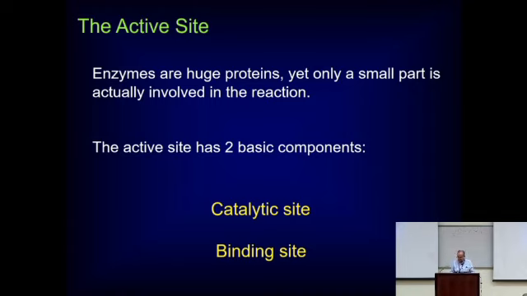Typically, that's an example of a domain, and it may require about 100 amino acids. But remember, this is part of the tertiary structure. So these amino acids may be from different parts of the protein after it has folded. They line the pocket where the substrate is going to fit in.